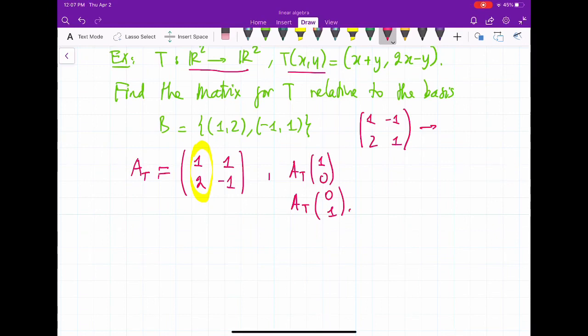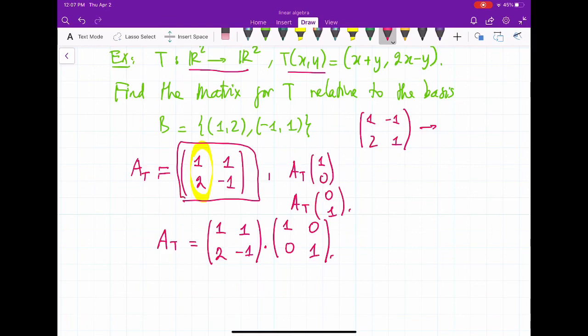So basically, if you write this in the form of a matrix product, you would have the following one. That is just A equals 1, 1, 1, negative 1, multiplied with 1, 0, and 0, 1. Make sense? Because in the result, you would get the representation of T with respect to this basis.